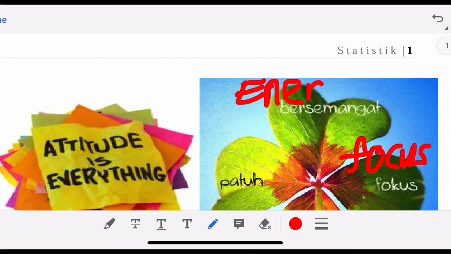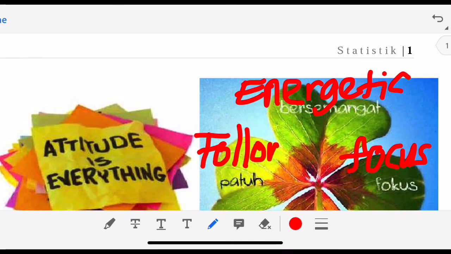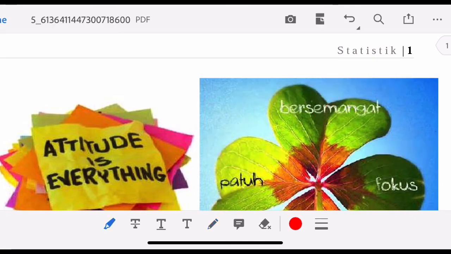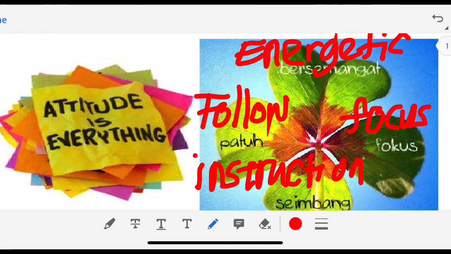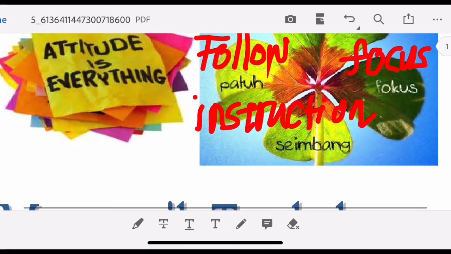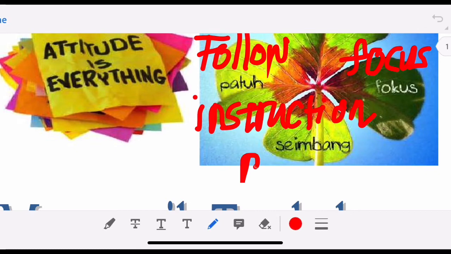You have to make sure you show interest. You are energetic when you are doing additional maths, and you have to follow instructions, because the question always gives you instructions. For example, how many decimal places, how many significant figures, use pi or not use pi from a calculator.